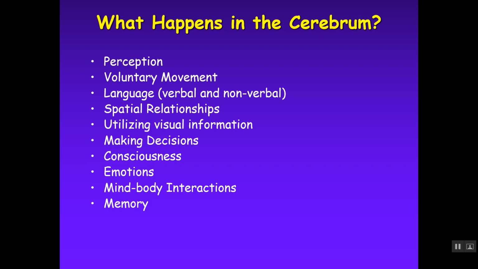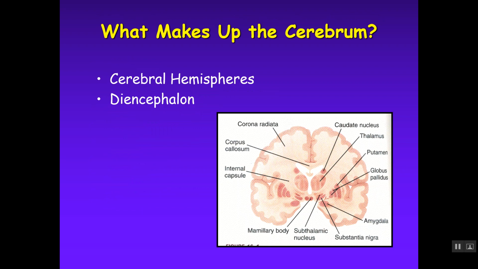Remember, language is both, and most of our communication is nonverbal. Also spatial relationships, understanding our place in the world spatially, utilizing visual information to help us make sense of the world, making decisions, consciousness, emotions, mind-body interactions, and memory. Those are the big things that happen in the cerebrum.